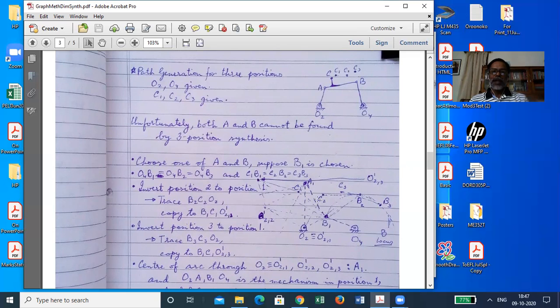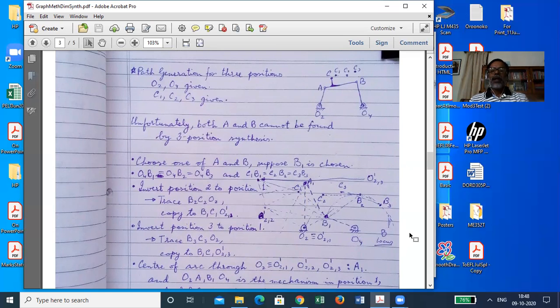This obtuse angle triangle, obtuse angle at C, I am making here. B1, C1, then obtuse angle wherever O2 goes. That is O2 to 1, the position of O2 in the second position when inverted to the first position.